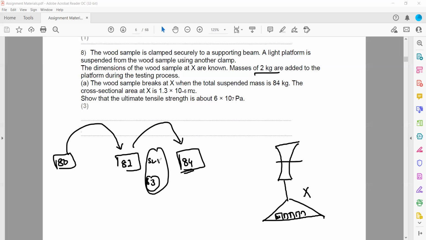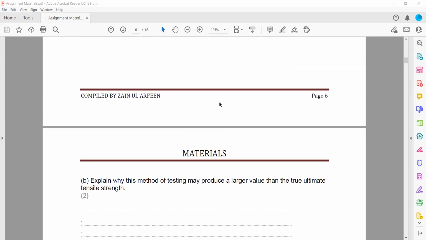But we don't have these values, as we are taking a greater difference in the masses every time, like a 2 kg difference between each set of results. That's why this is likely to produce a higher ultimate tensile strength. The value of the force which we are applying, we think it breaks at 84, but maybe it does not break at 84.